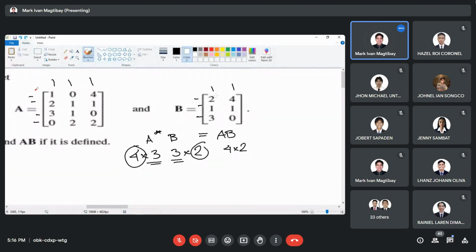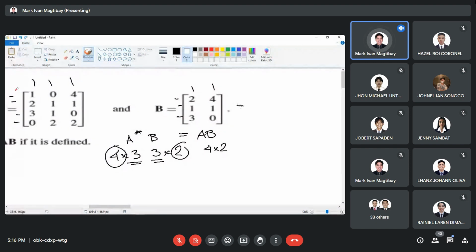So, drawing muna po tayo ng ating magiging resulting matrix, which is 4 by 2. So, number of rows is 4 daw po. So, malaki-laki. By 2 po. Okay? Start po. 1 times 2. Plus, adjust tayo pa kanan dito, 0 times 1 pala, sorry.